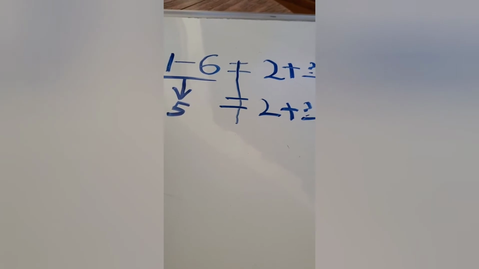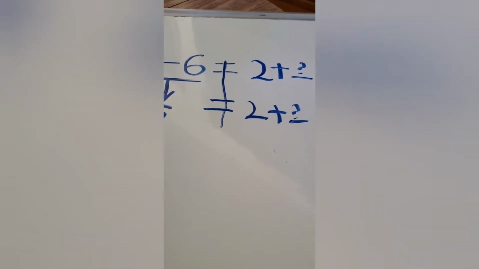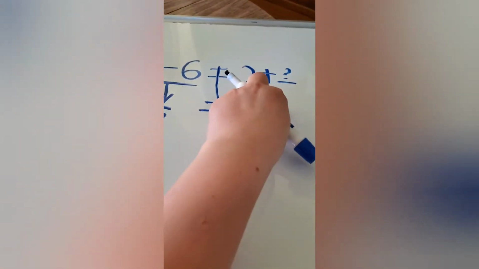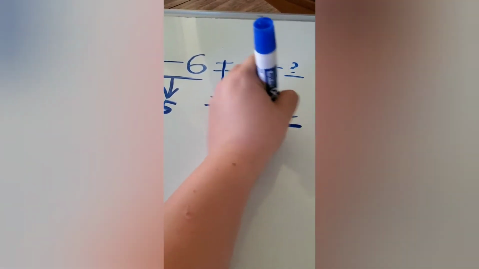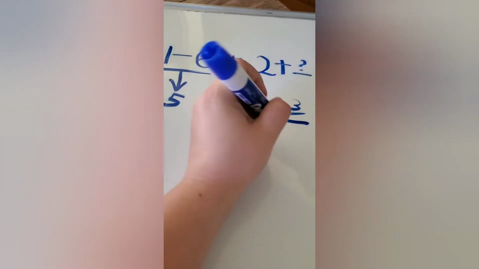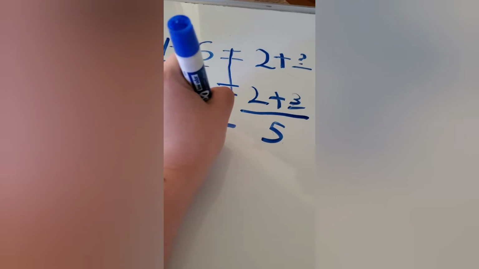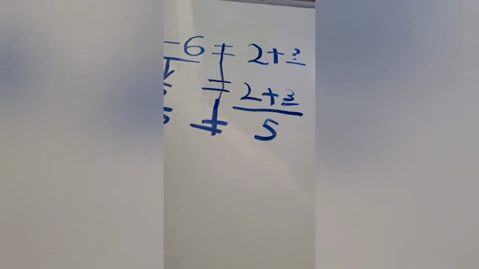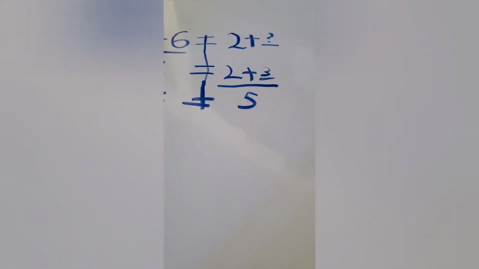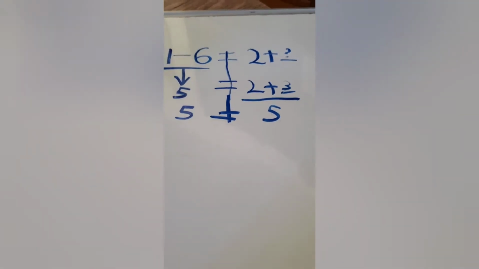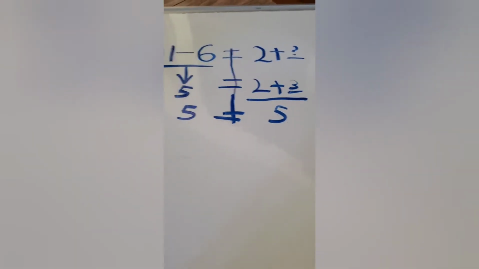We know what number that is. Right? Does 3 plus 2 equal 5? It does. 3 plus 2 equals 5. All right, so we balance out on both sides.